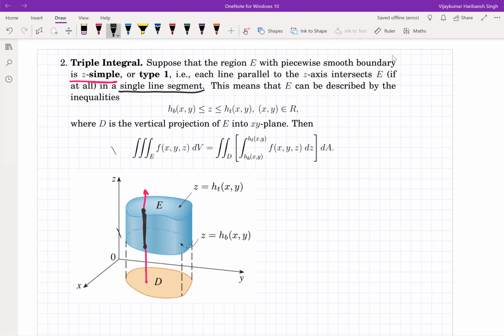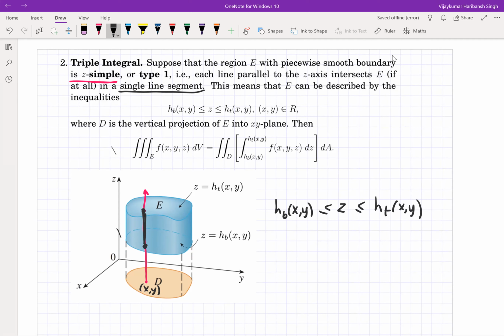That means for this (x, y), your z changes from here to here. That means for this (x, y), your z was between the bottom surface, and then here you have the top surface. This is what should happen. Then we say it's z simple.